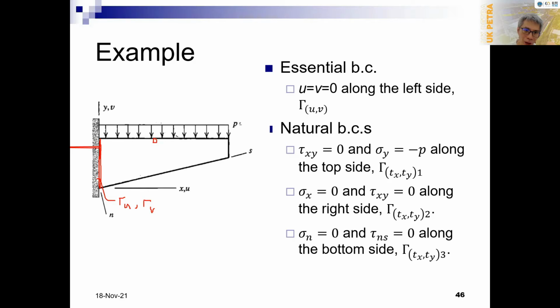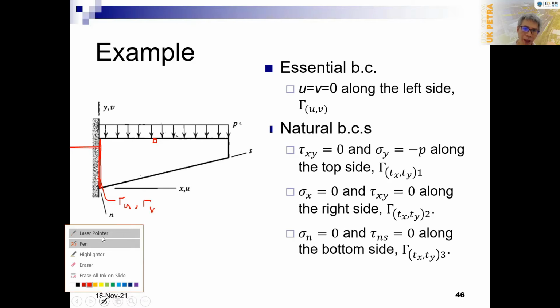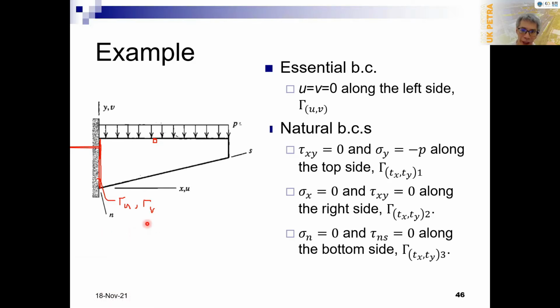And also, of course, there is no sigma x because we consider only this side, okay? But we see that the top side should be in equilibrium with the external force P. So we can write that along this top side, the internal and external forces equilibrium can be written like this. The shearing stress is 0 along this top edge, and the stress in the y direction is equal to minus P. Minus because it is in the opposite direction to the coordinates.